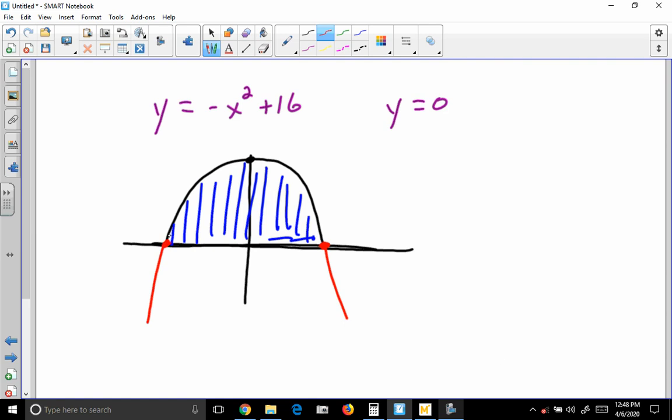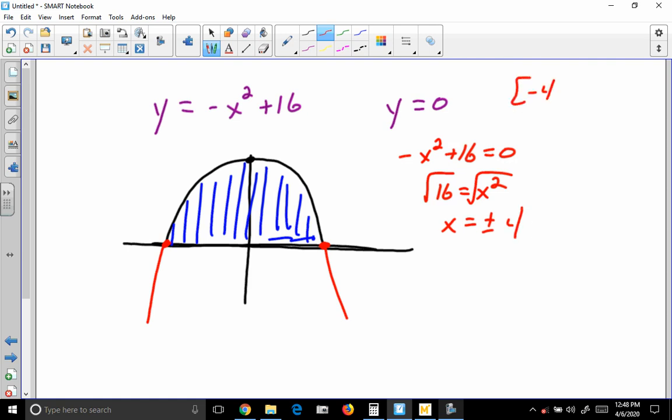So they intersect where the two are equal. So where minus x squared plus 16 equals 0. If we add x squared to both sides, we get 16 equals x squared. If we take the square root of both sides, we get that x is plus or minus 4. So that's our interval, from negative 4 to positive 4.